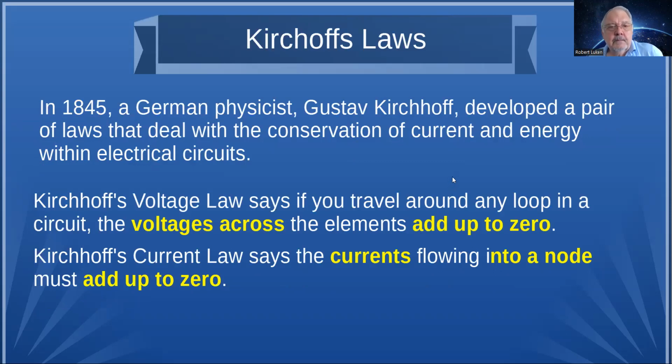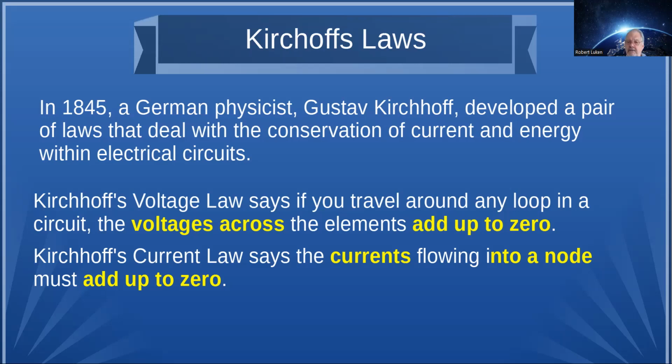So there's another one of these old scientist types called Kirchhoff that came up with a pair of laws, his voltage law and his current law. And these are kind of important when you look at any kind of circuit or connection of components to try to analyze it.